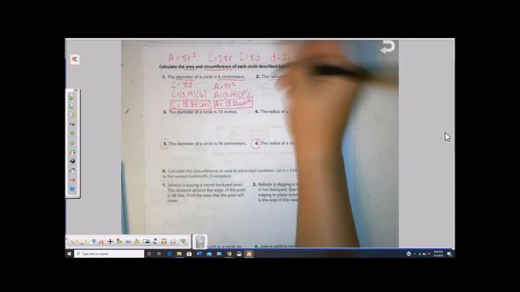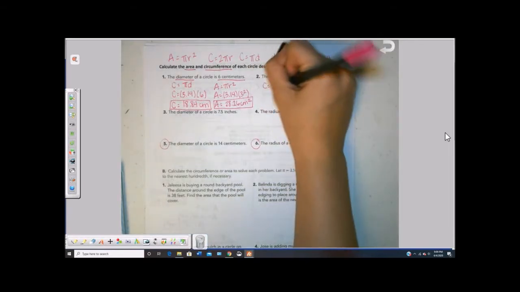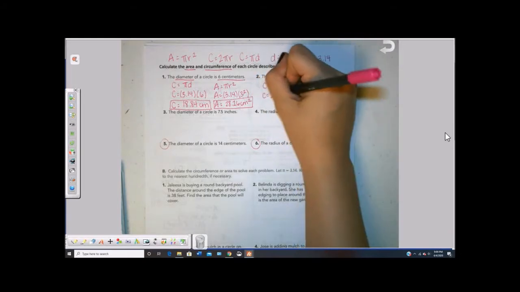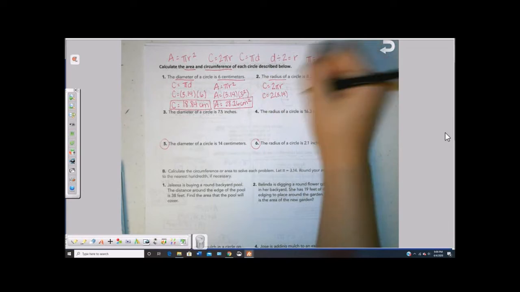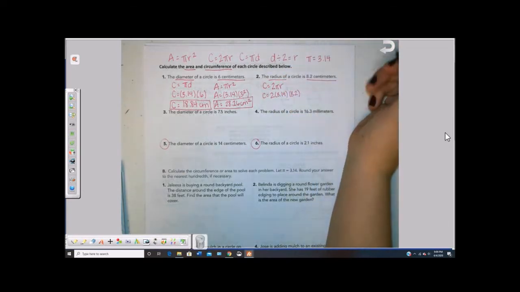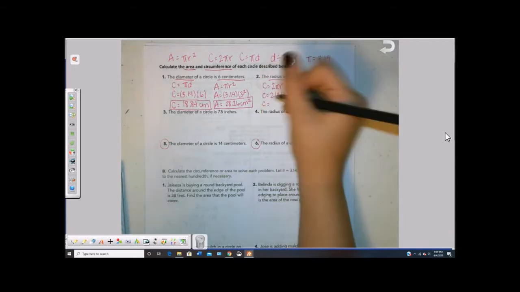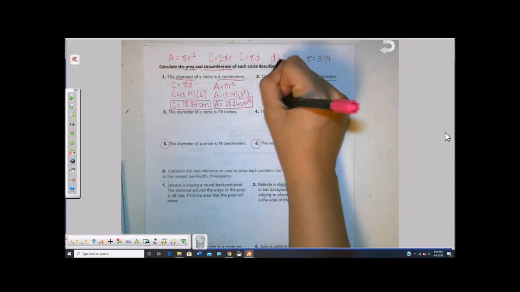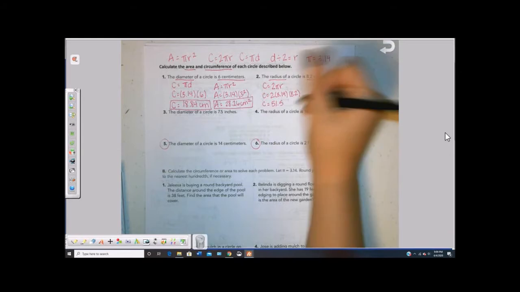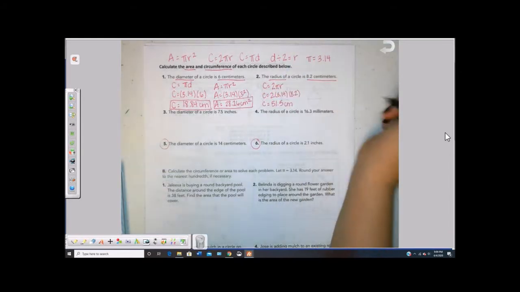Looking at number 2, we have a radius of 8.2 centimeters. So for this case, I'm going to use C equals 2 pi r. So we're going to take 2 times 3.14 times 8.2. And when you do this, you get 51.5 centimeters.